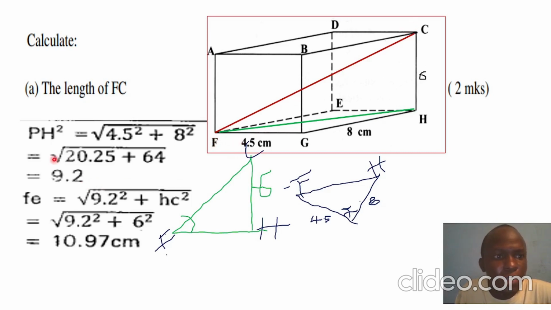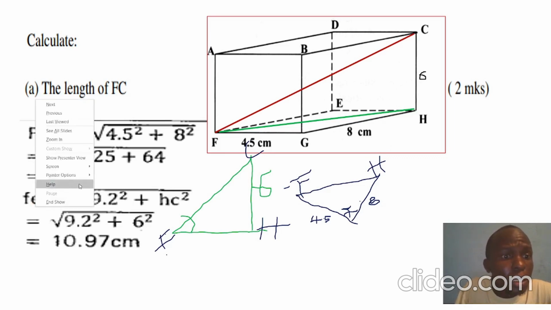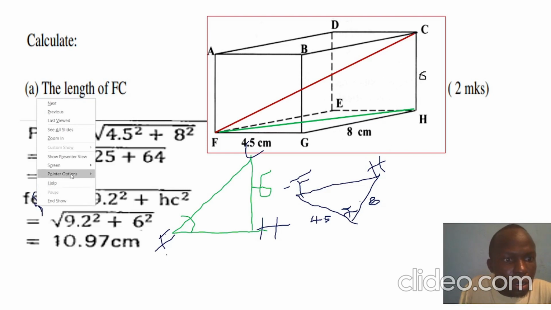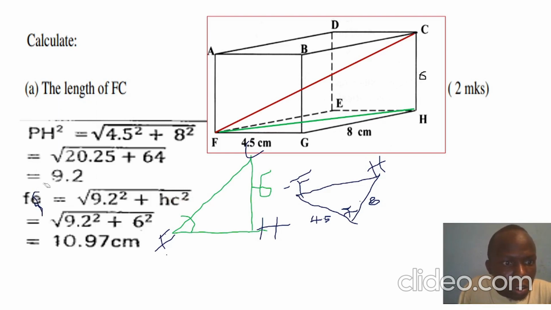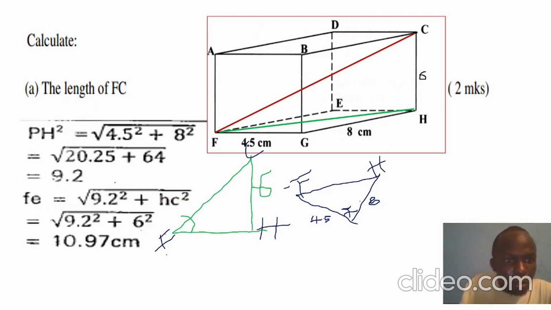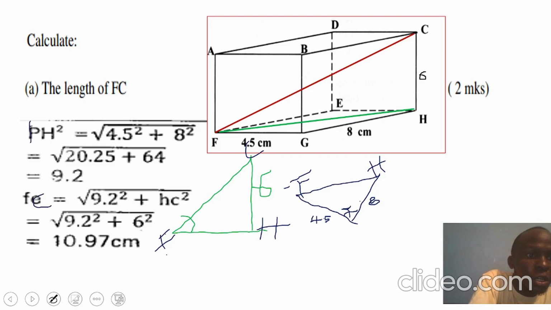FC. So this should be FC, and then this should be FH, FC, FH.